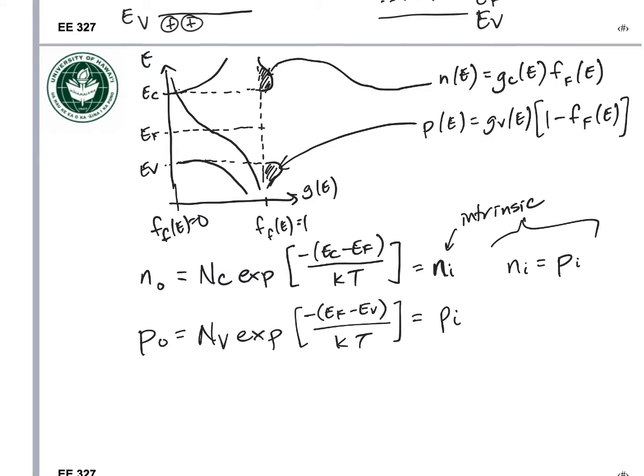Okay, and what is the intrinsic carrier concentration for silicon? And we'll say at room temperature. What, 1.5 times 10 to the 10 electrons per what?